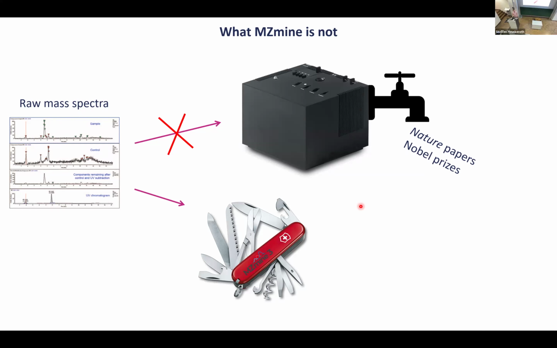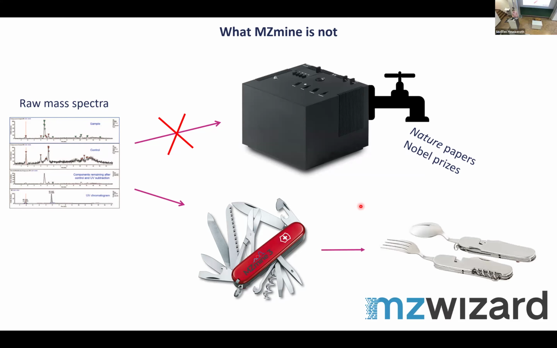That was also a problem why MZmine was a bit complicated for new users to get into. This is something that we addressed with MZmine 3. We try to make it more user-friendly with the MZmine Wizard, which is also something that we are going to use today.